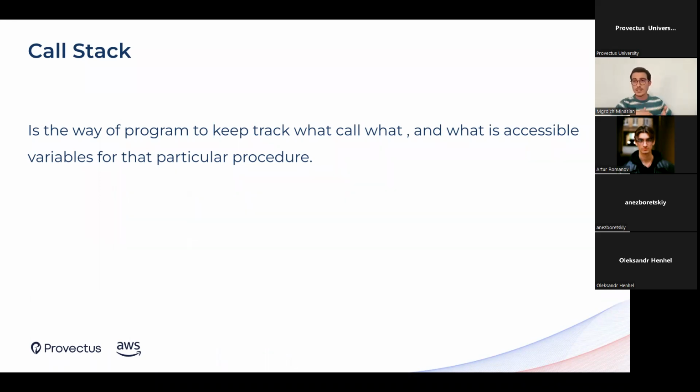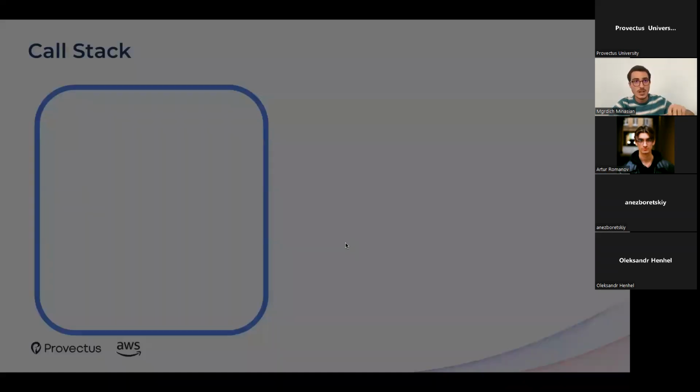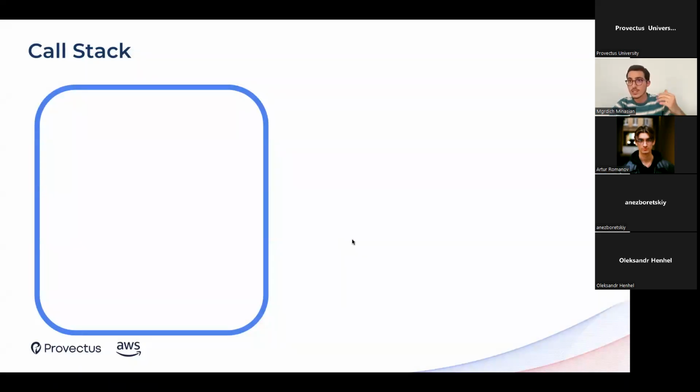So when the compiler executes your function, it puts it into the call stack, and that call stack controls everything related to your function execution and what variables and things are accessible to it. Let me demonstrate with an example.